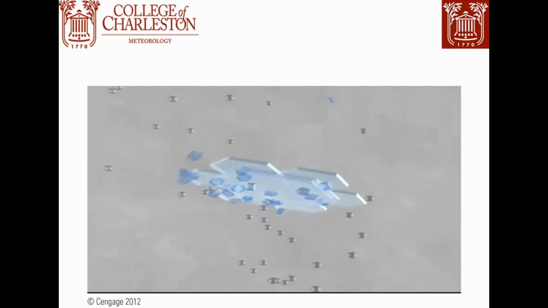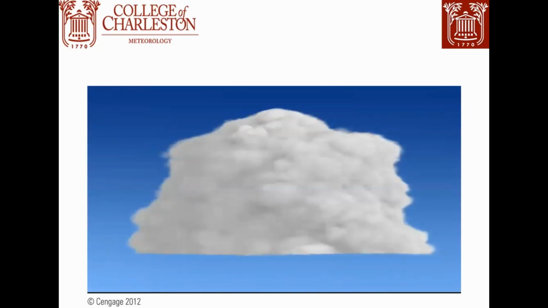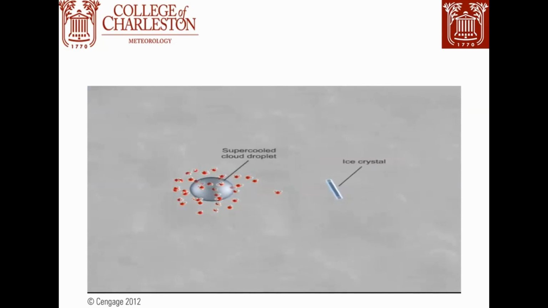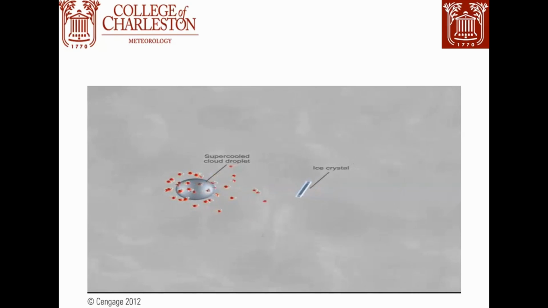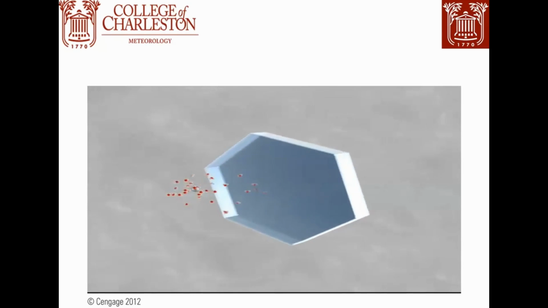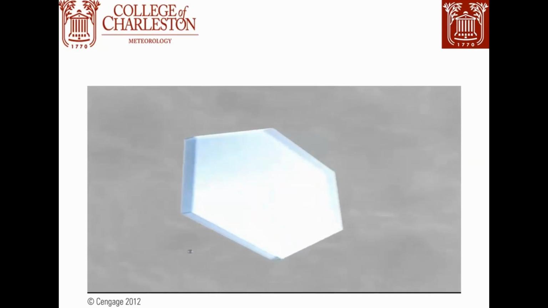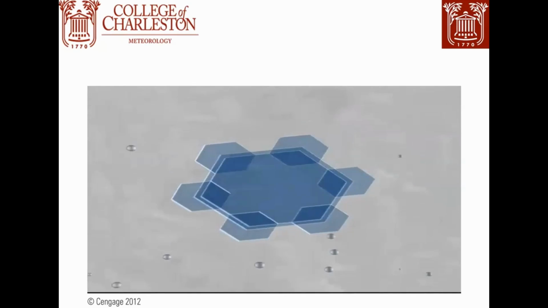However, from the perspective of the ice particles that are coming down, the air is what we call supersaturated. And supersaturated means that the relative humidity is greater than 100%.